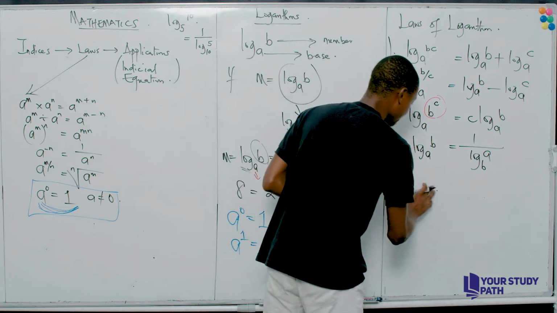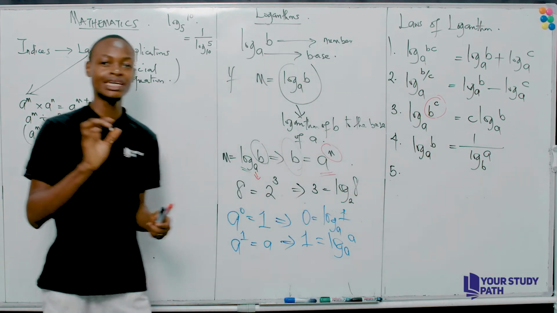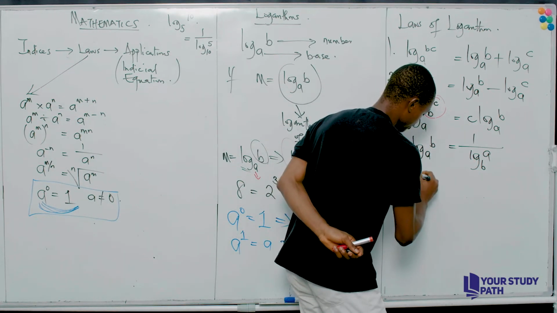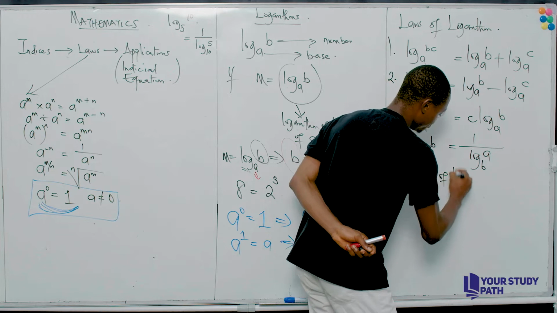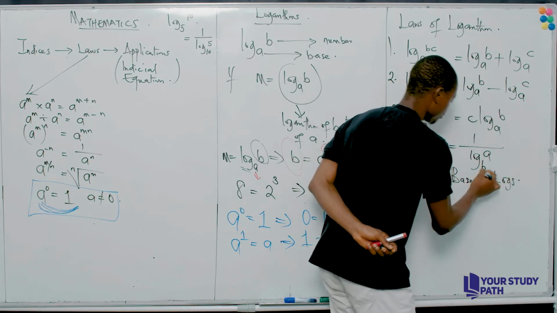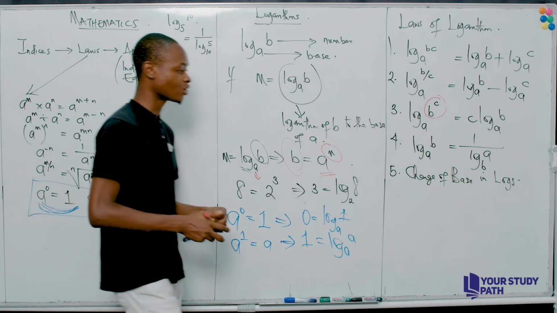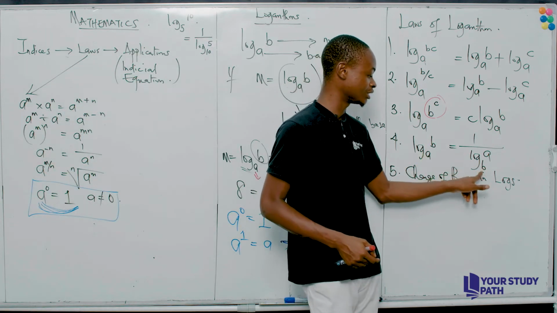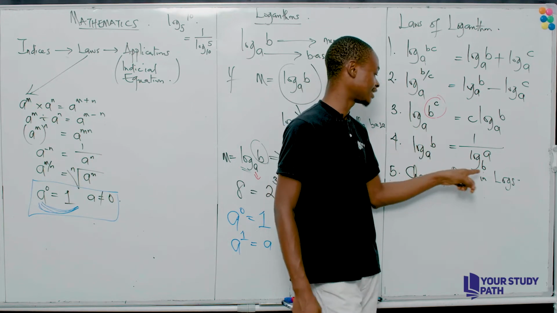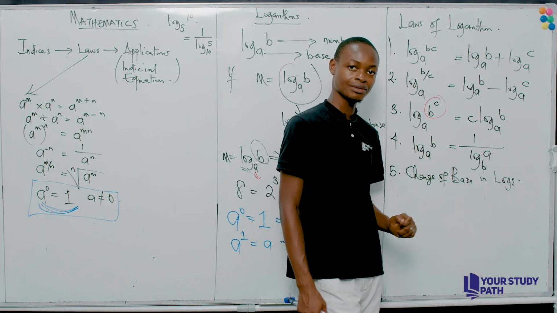Now, with that reciprocal law, we can derive something we call the change of base in logs. Of course, you notice that in this reciprocal, we are definitely changing the base, but we are using whatever is in the power to replace that old base and making that old base the new number.